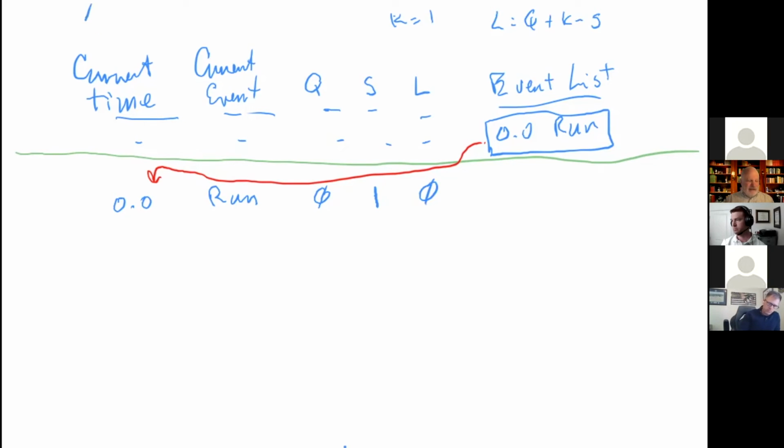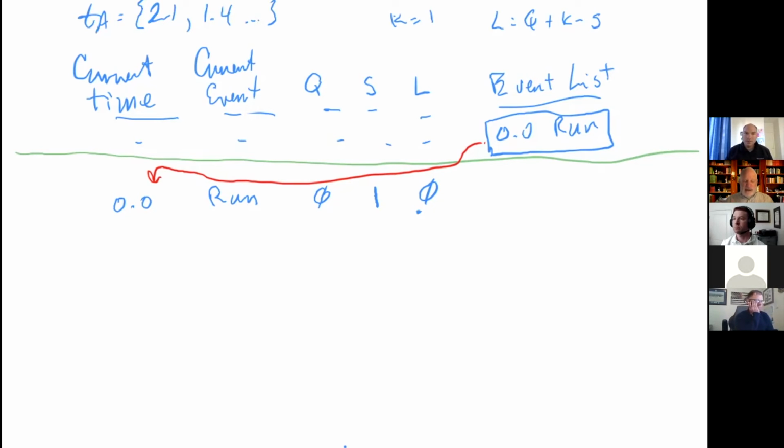Now remember our T sub A's. Our first one was 2.1, and our second one was 1.4. That's actually all we're going to need here. After we have performed our state transitions, we schedule any events that the run event has. What does the run event schedule?